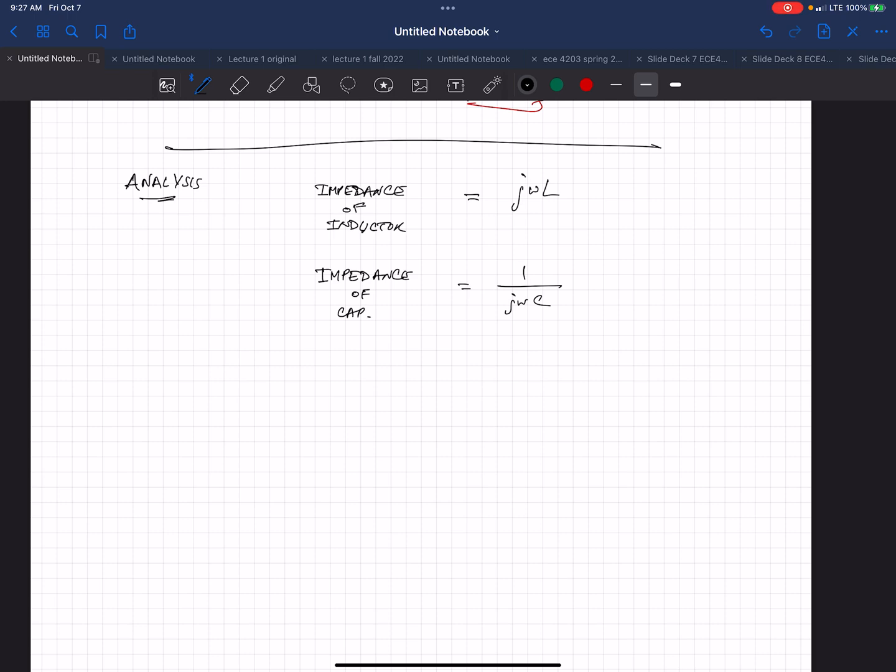So basically to mix inductors and capacitors with resistors, I'm going to assume that I'm operating at a single frequency, and I'm going to use these impedances.